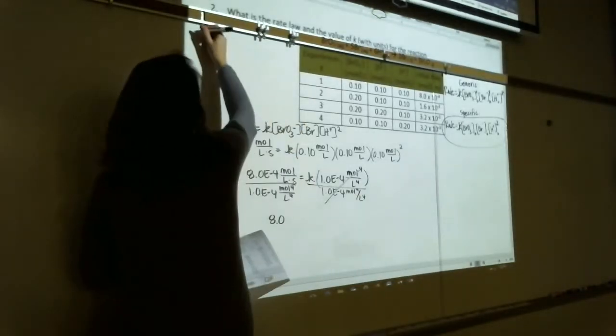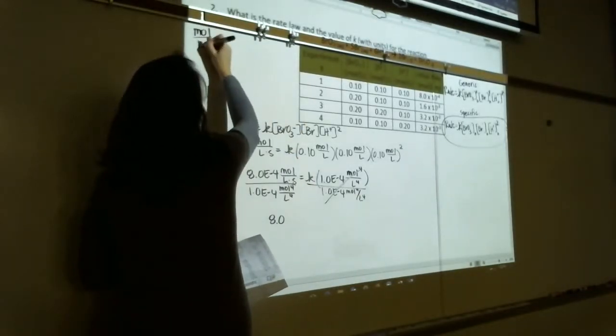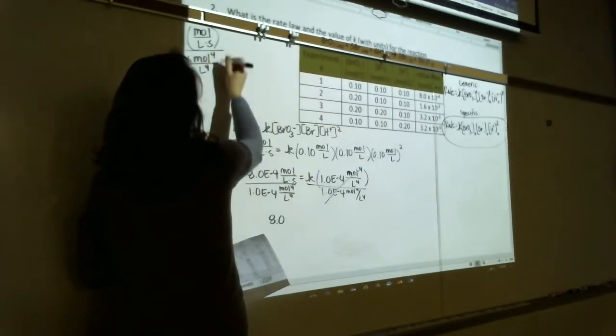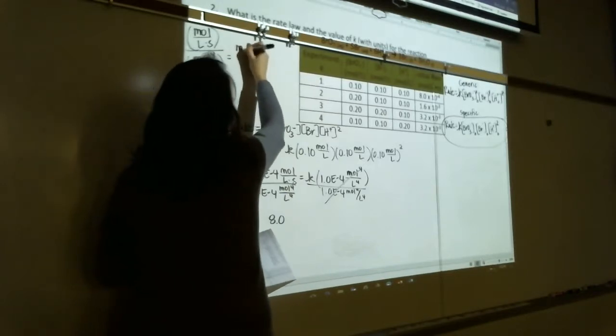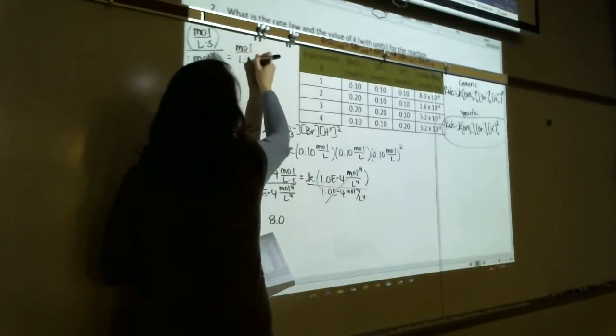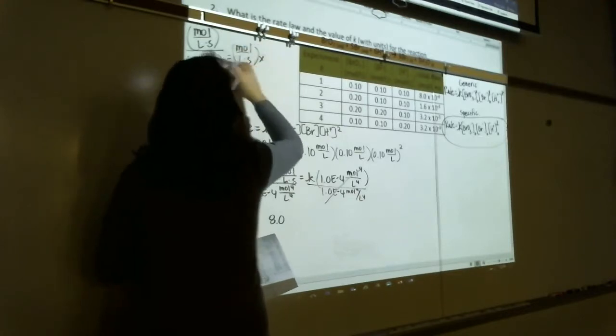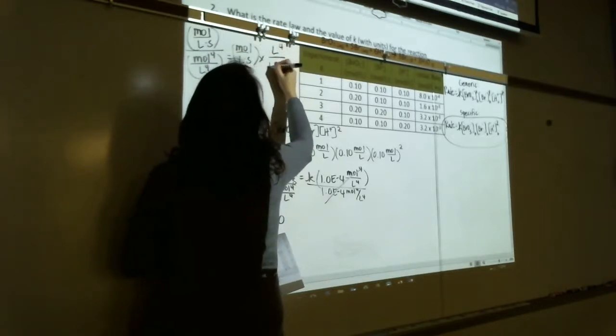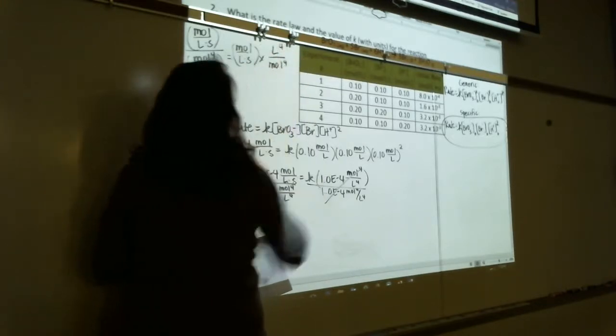All right, so moles per liter second divided by moles to the 4th, liters to the 4th is the same thing as moles per liter second times the reciprocal, right? Liters to the 4th, moles to the 4th.